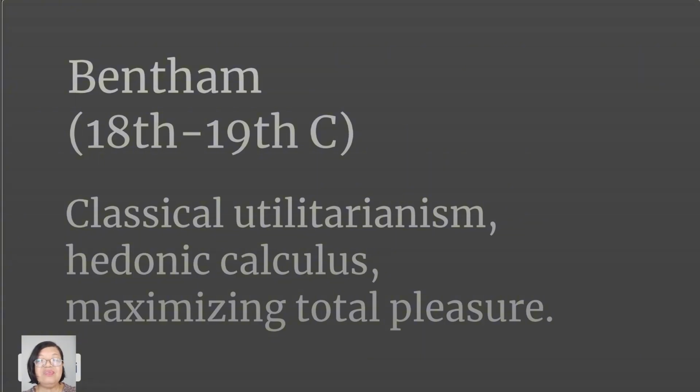So he introduced the idea of hedonic calculus, which will be discussed later on. In his time, he influenced reforms in the penal institution, prison system, and democratic governance in his country.